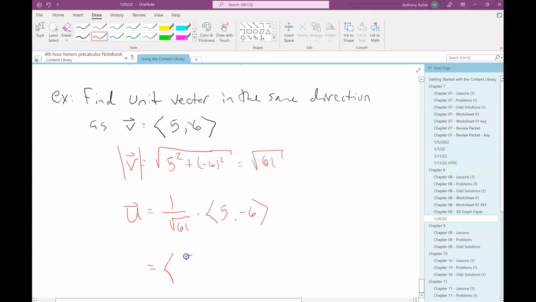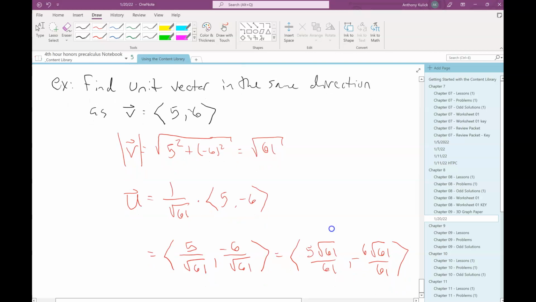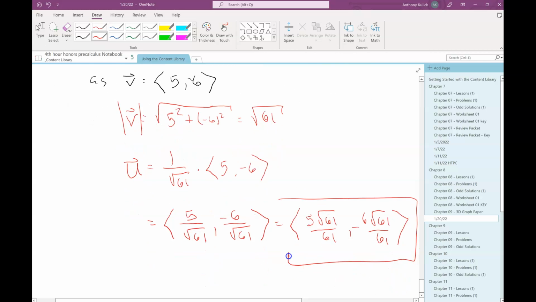I'll do that scalar multiplication, and then I'm going to rationalize my denominator. Might as well. There we go.